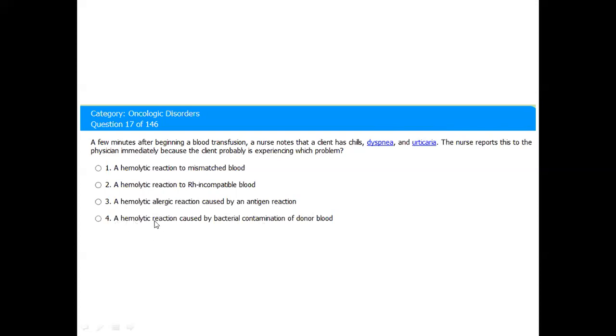Number 4, reaction caused by bacterial contamination. But this question does not talk about the patient having a high fever or raised body temperature, right? So it is important.